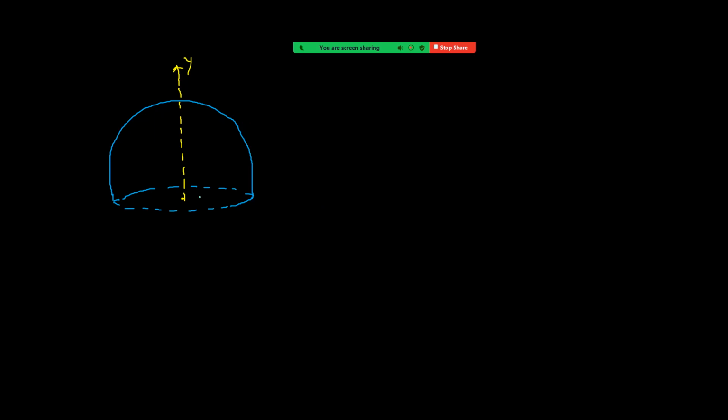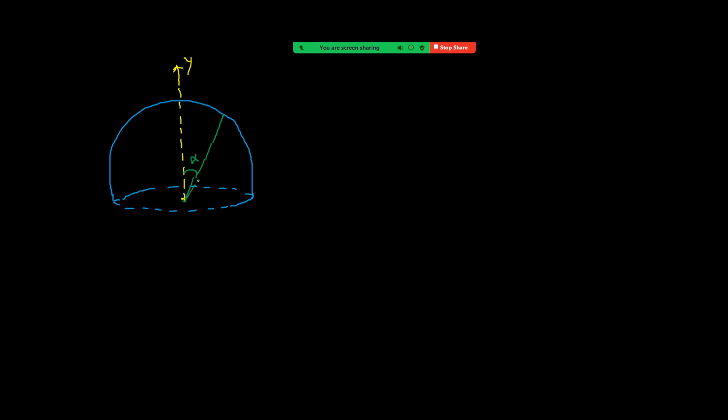Then see what we can do. For each ring, the center of mass will be at its center. So first I am taking a ring. See how we take the element now. With the line of symmetry, take some angle alpha.